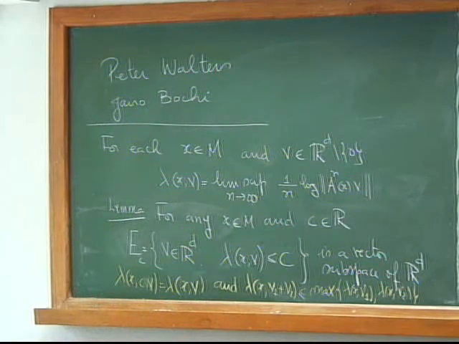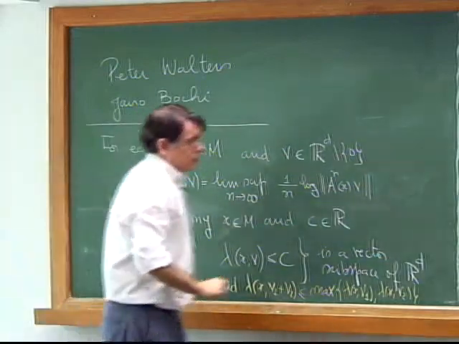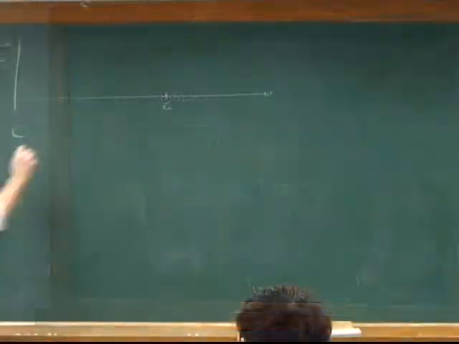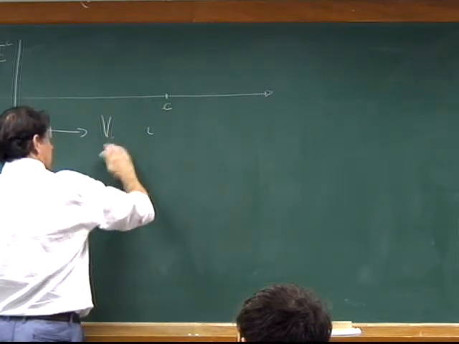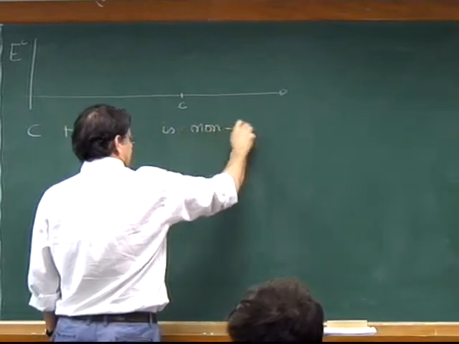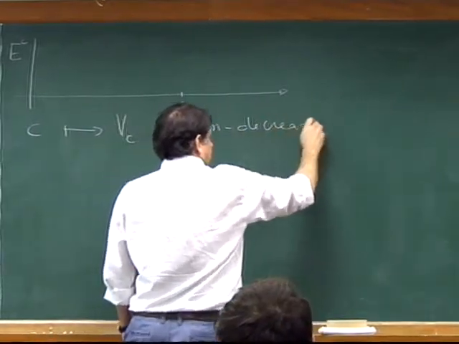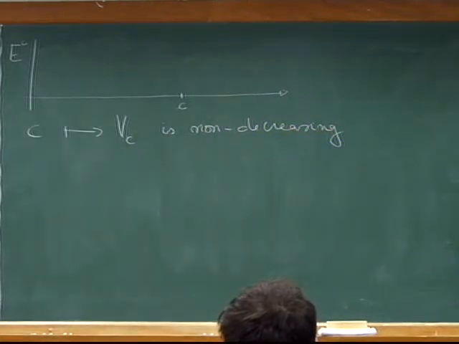So the function c goes to E_c. I don't want to call it E_c. I want to call it V_c. This function V_c is non-decreasing. Okay? If c is bigger, then the subspace cannot be smaller.